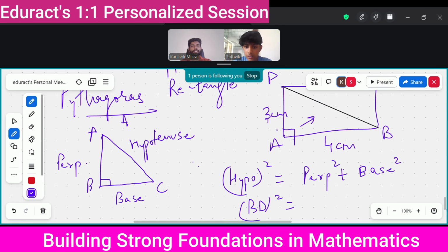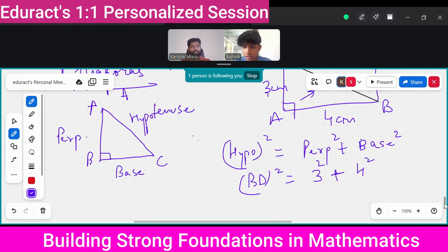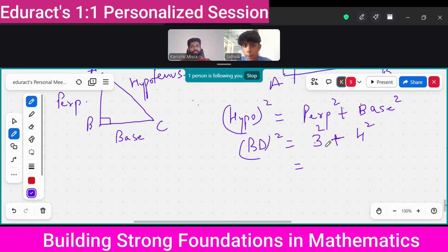Perpendicular is 3 centimeter, so I would be writing 3 square. Base is 4, so I would be writing 4 square. 3 square is 9. 4 square is 16. Add them. 16 plus 9, 25.